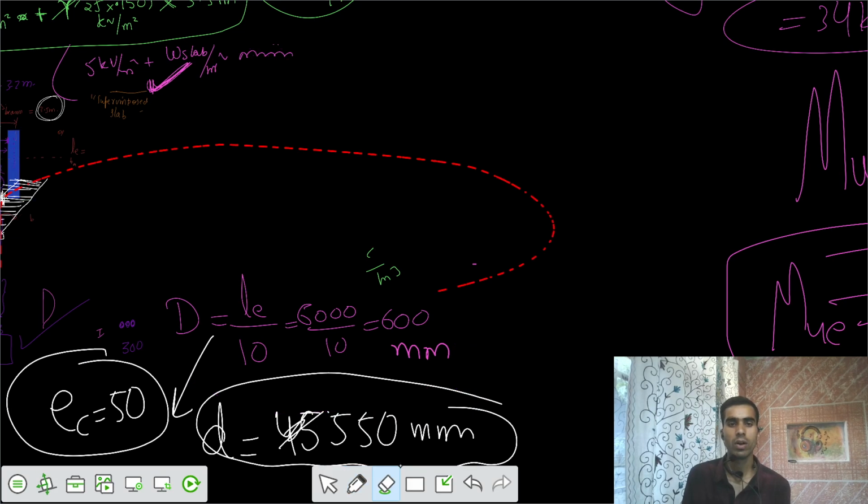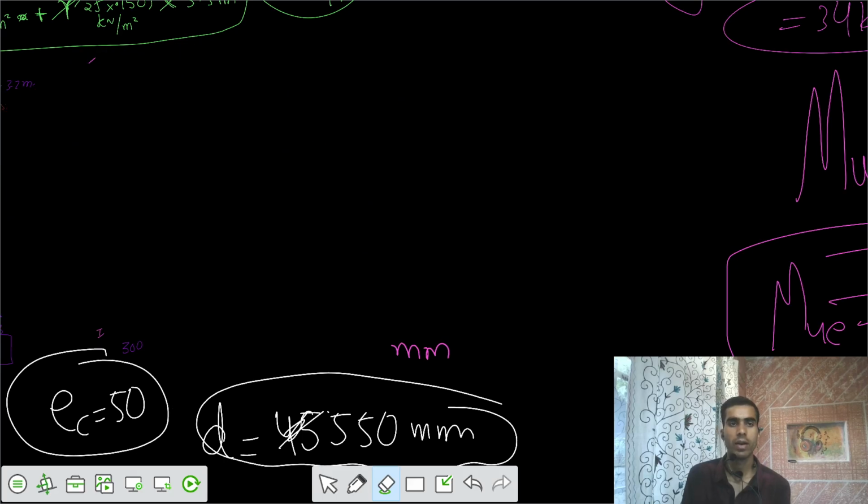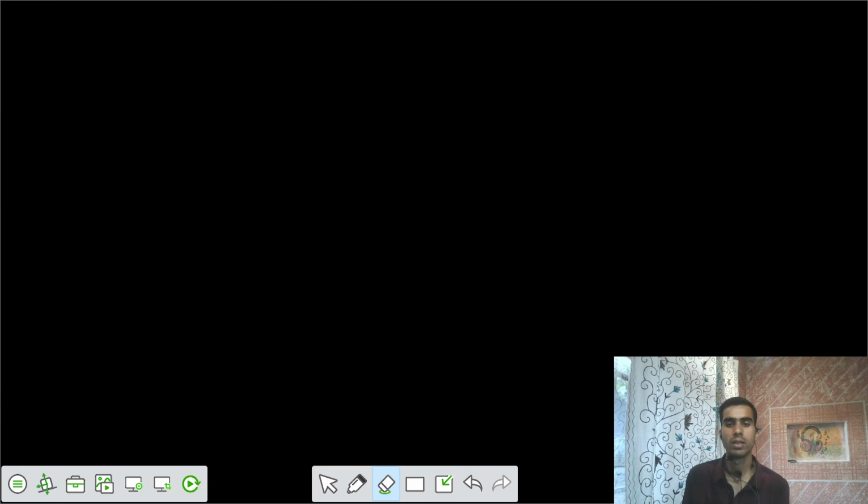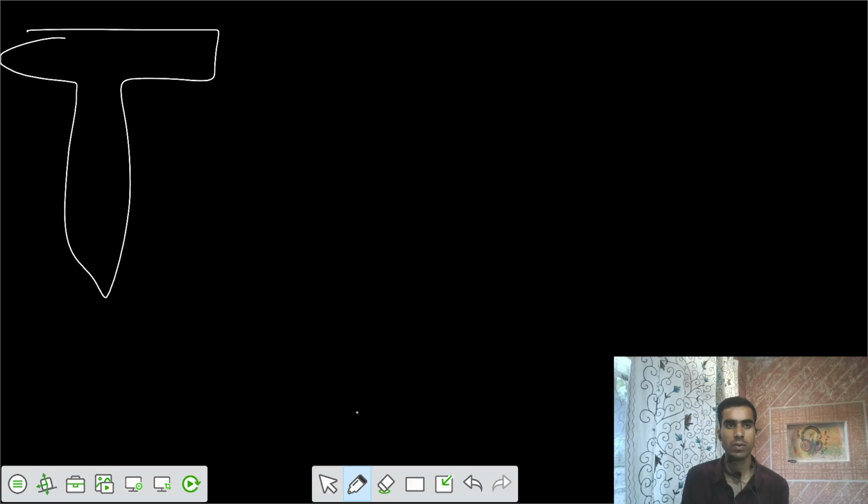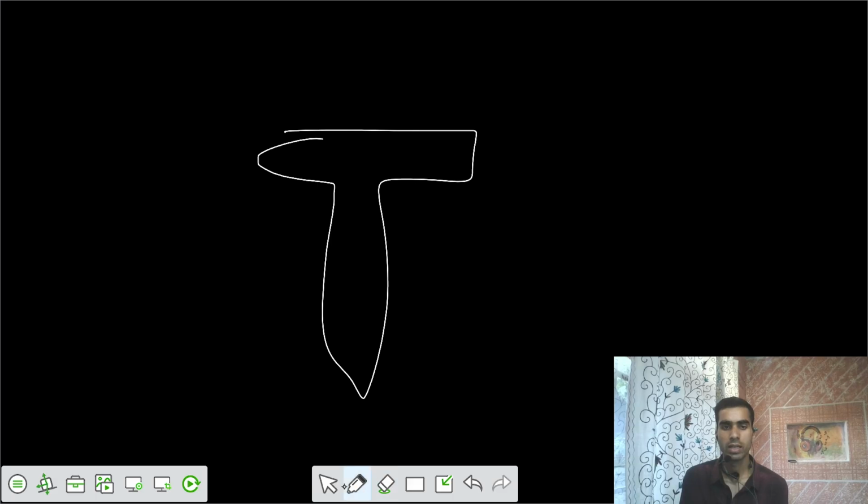Now, finally, we got all that stuff. Now we have to calculate where is the neutral axis. So let's go for the neutral axis. Yeah, we forgot one more thing. When we calculated B was equal to 3.5 meters, then we had to calculate effective flange width.